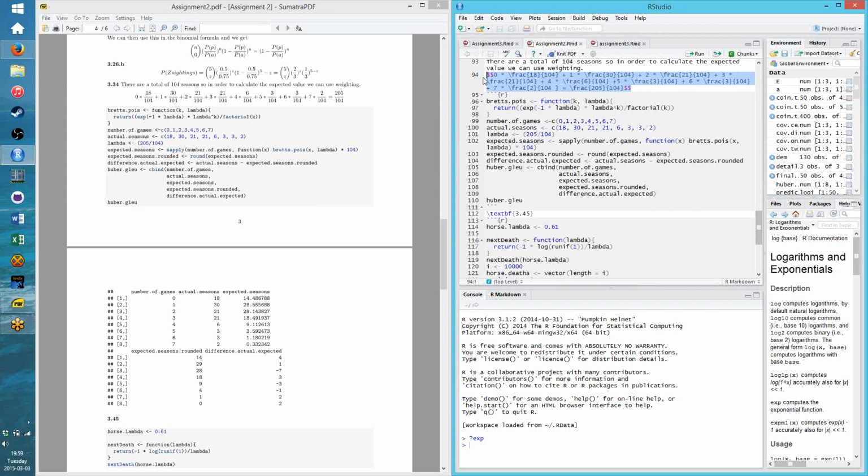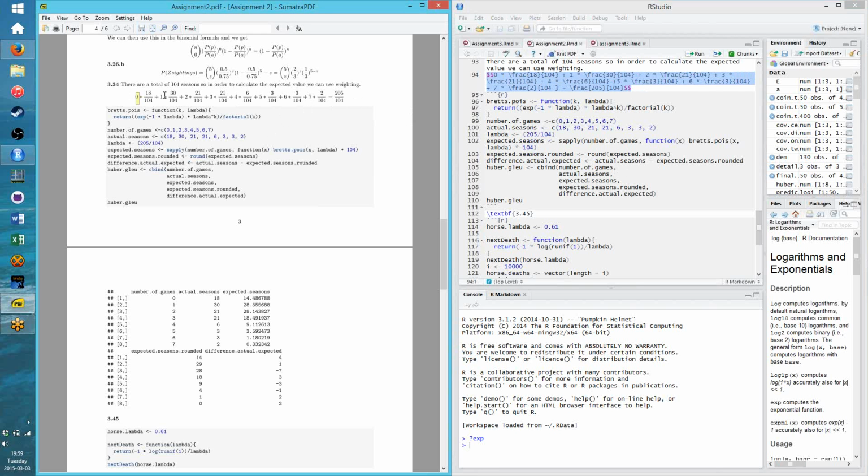the actual results. So this right here is the LaTeX code for the math that you see here. It's just got a bunch of fractions multiplying because I basically found the average through weighting. Taking 0 games, 18. So there were 104 total games, and I found the value through multiplying how many games there were for each value.